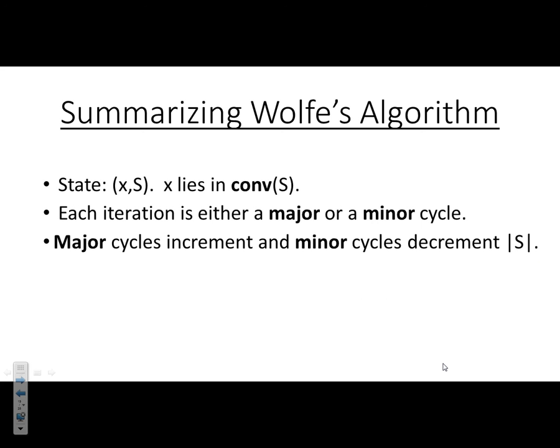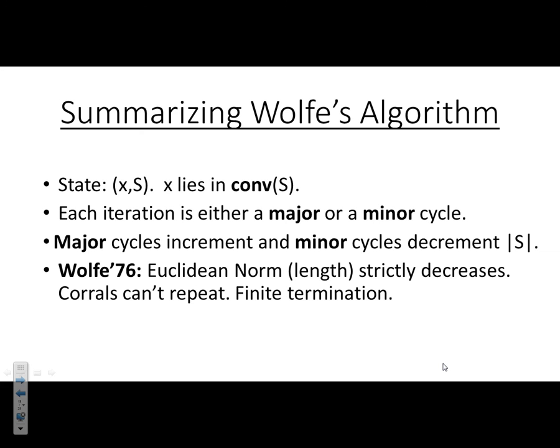I have X and S. Each iteration is either a major cycle or a minor cycle. Major cycles increment the size of S, and minor cycles decrement the size of S. One thing that is not too hard to see is that in each cycle, the Euclidean norm is strictly decreasing. What that means is the corrals cannot repeat.